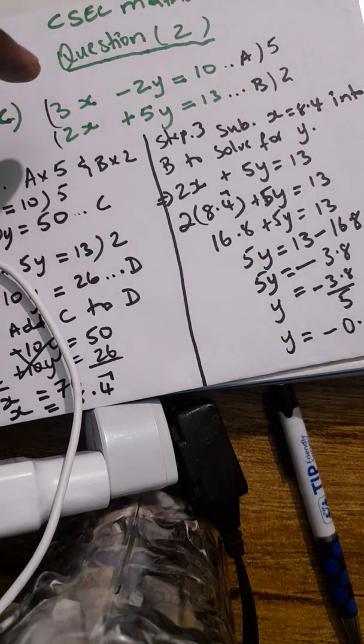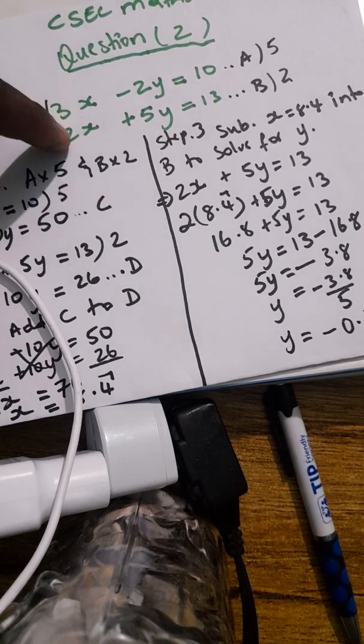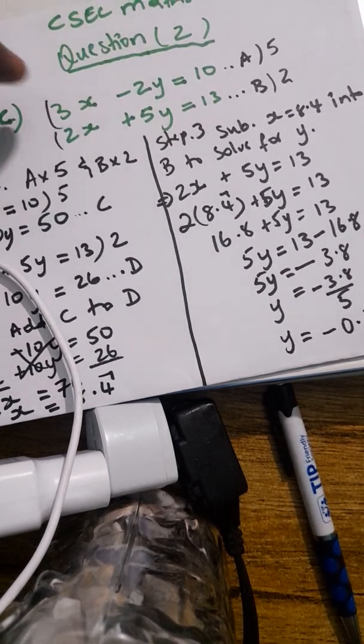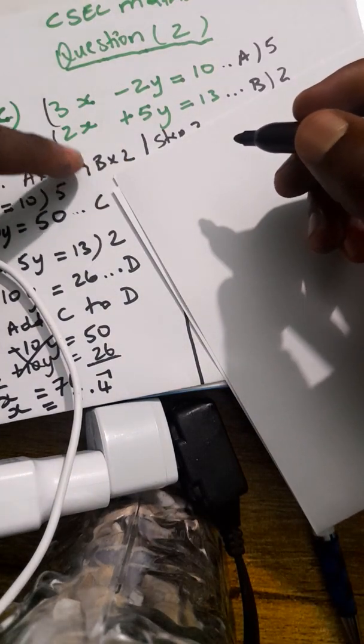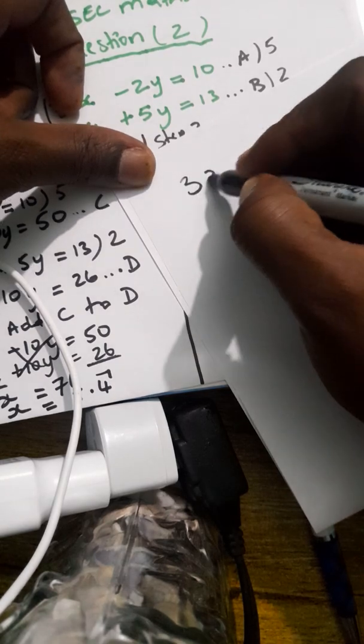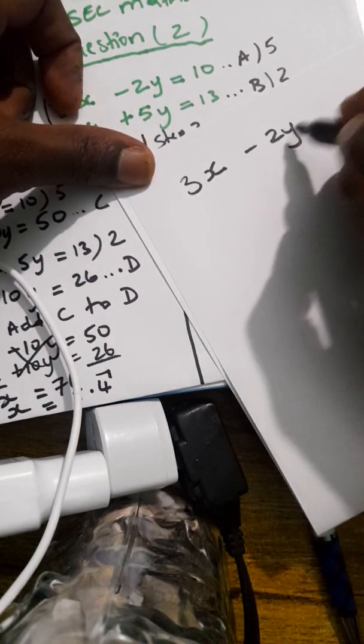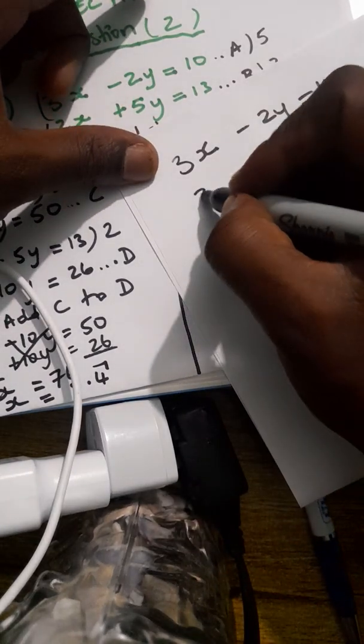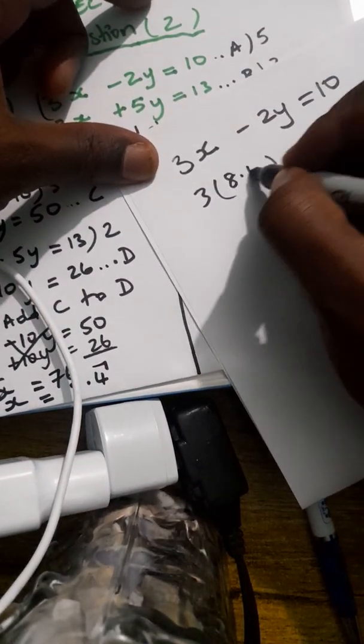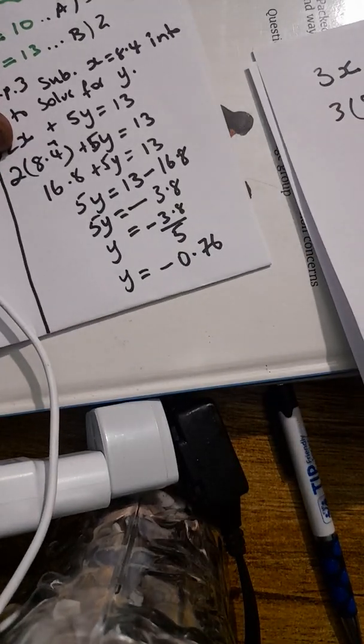Alright, how do we know that we're correct? Let us plug it into any one of these equations. I'm going to show you something now. Let's plug it into the first equation: 3x minus 2y equals 10. What did we get for x? 8.4, recurring, right? Minus, what did we get for y?